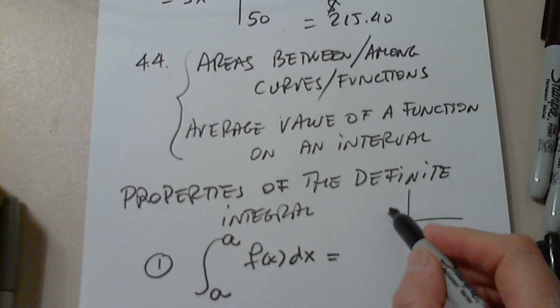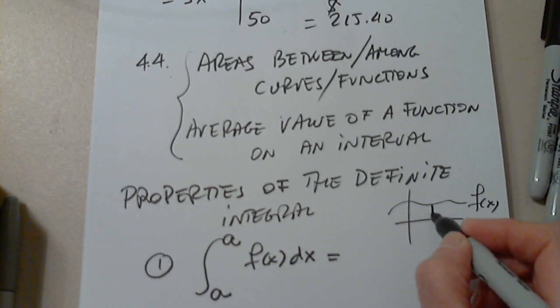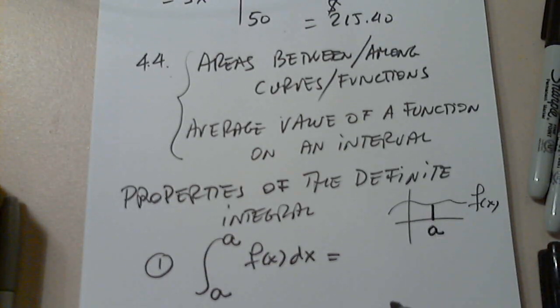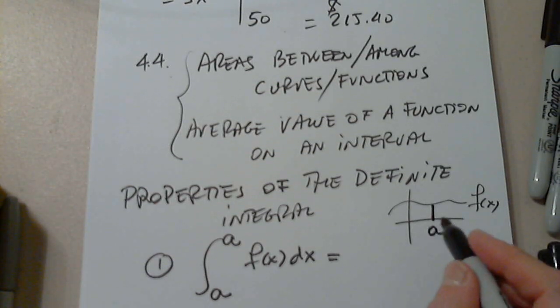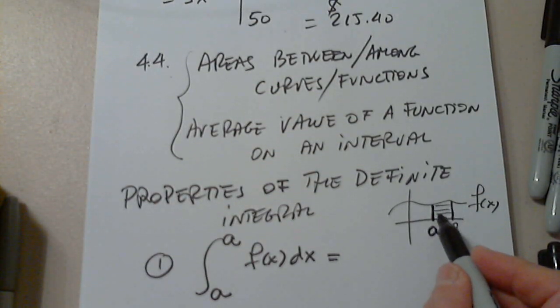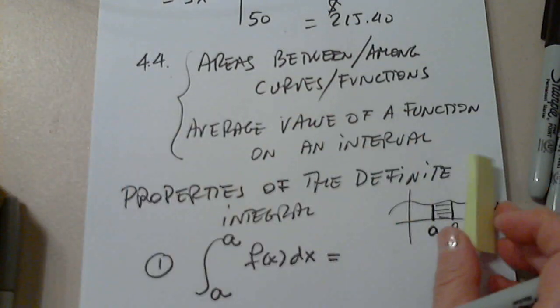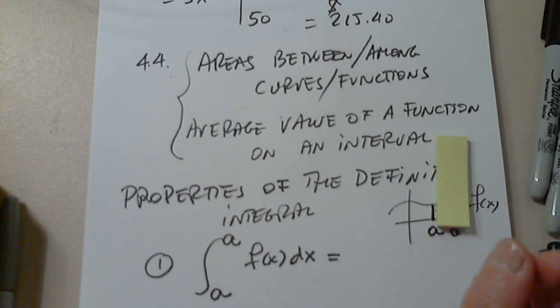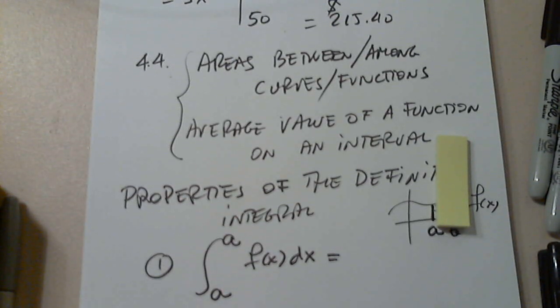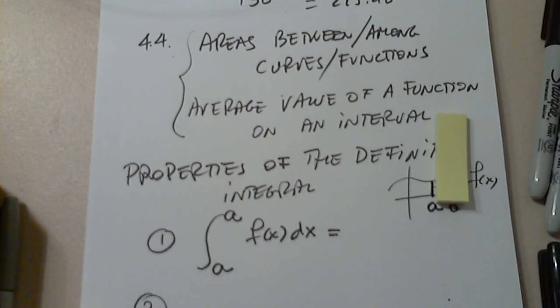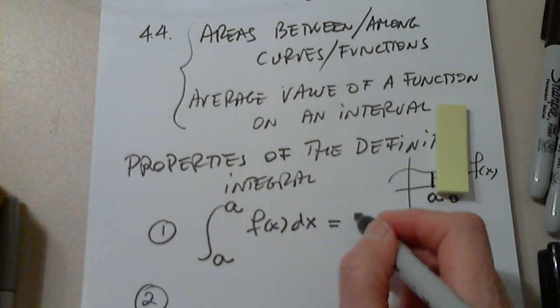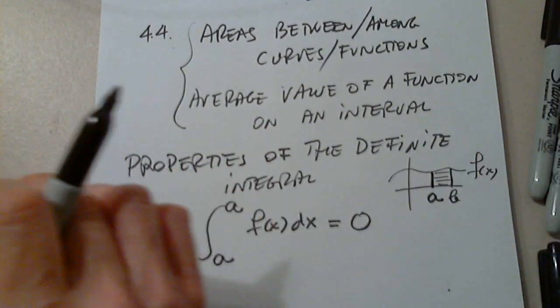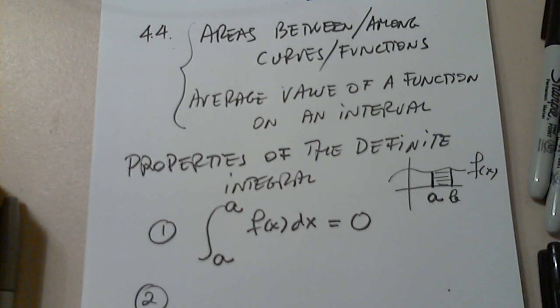So if I have a function, and this is the interval from a to a, what should the area be? I'm not saying the integral from a to b. No. I'm only saying the integral from a to a. What do you think the area equals? Yes, the area of a vertical bar is 0. If there is no width, there is no area.